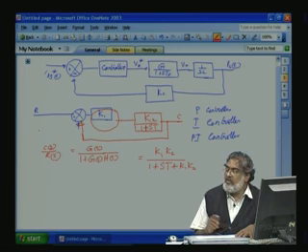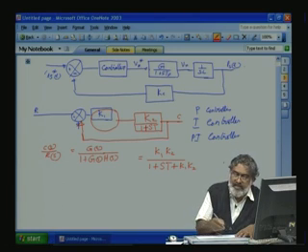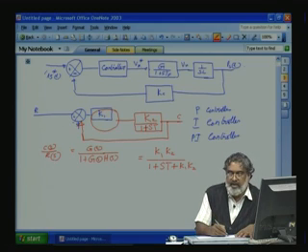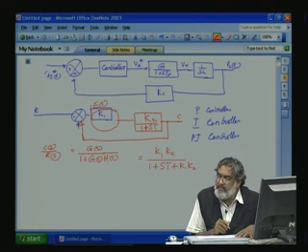Now, what is C(s) by E(s), where E is the error? For ideal control, the output should always track the input, and the error signal E(s) should be 0.